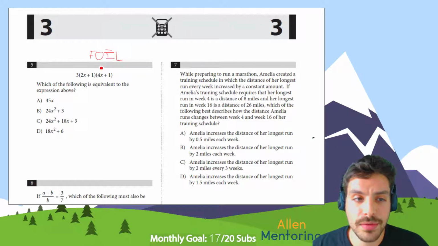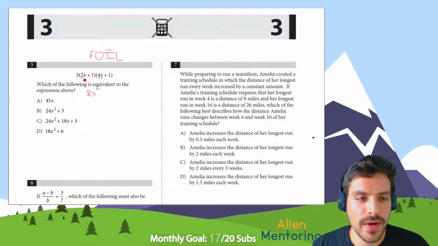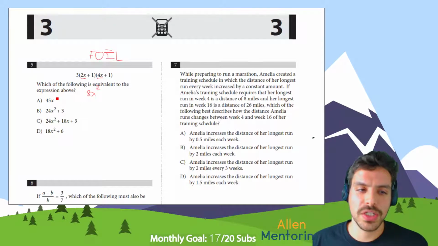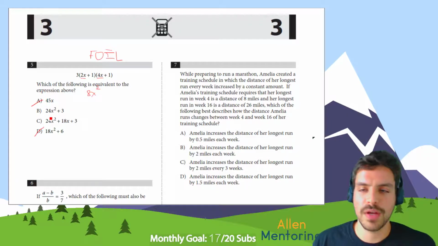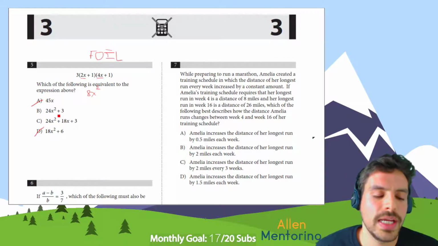Usually not always, right? Because we see that here, for example, first times first would be 8x squared. Okay, and then if we have to multiply that by 3 again, we would see we have 24x squared, right? So we automatically know that A and D are out because we need to have a 24x squared here. But which one of these is the answer?